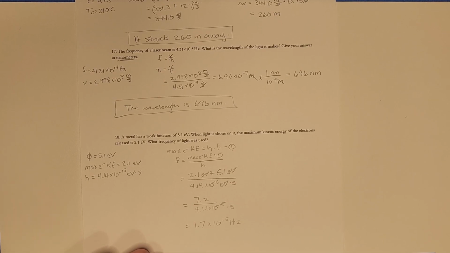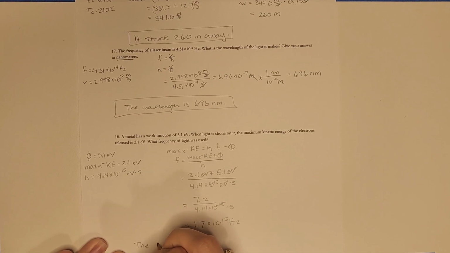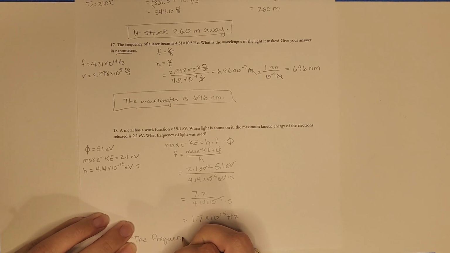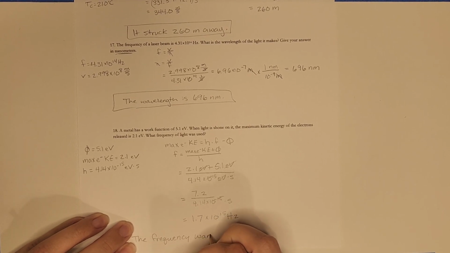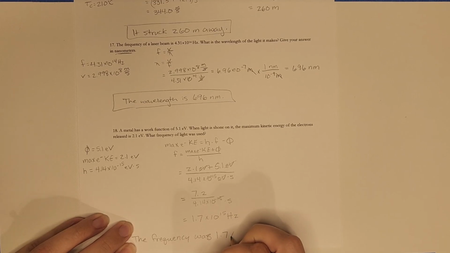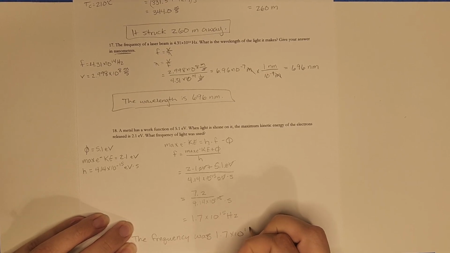Okay, converting that 1 per second to hertz. So our final answer is the frequency was 1.7 times 10 to the 15th hertz.